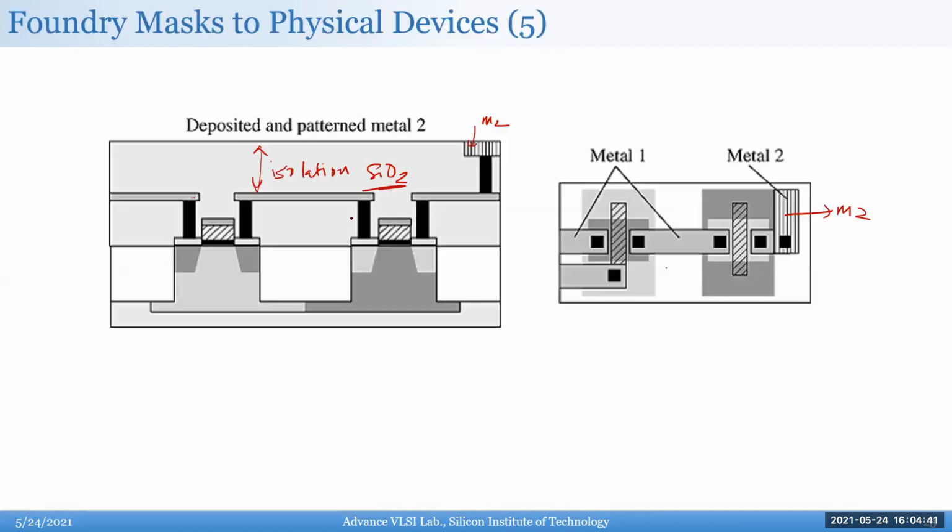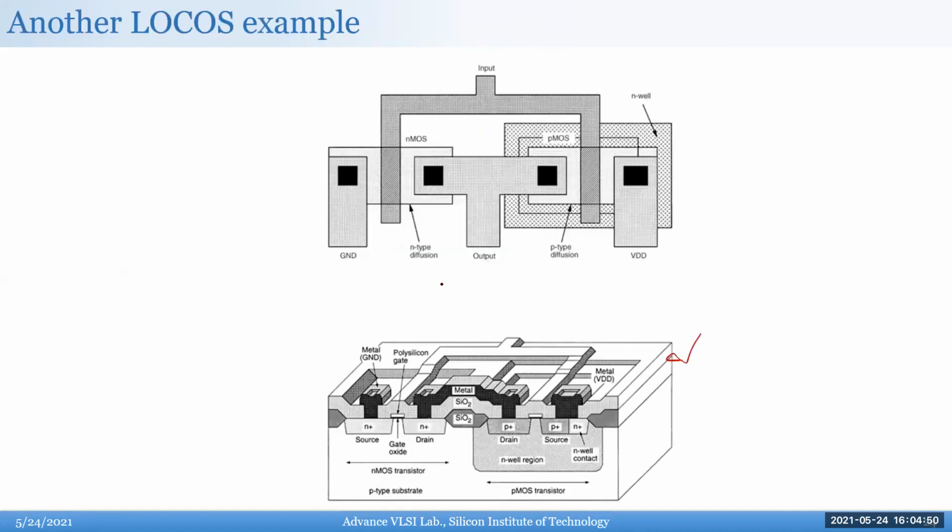Like I said, this is the STI process, where the isolation is done through shallow trench isolation. And this is an older process, which I think I showed you in a slide before, called a local oxidation process, called LOCOS.